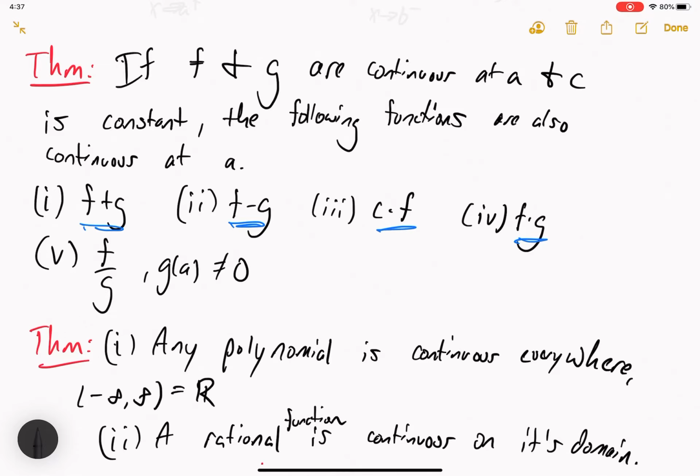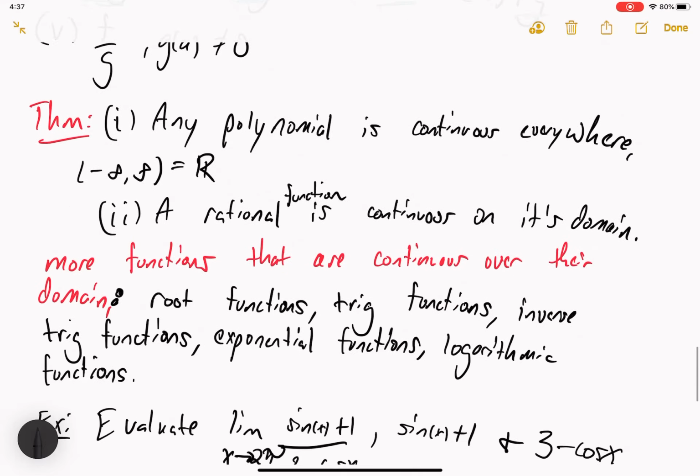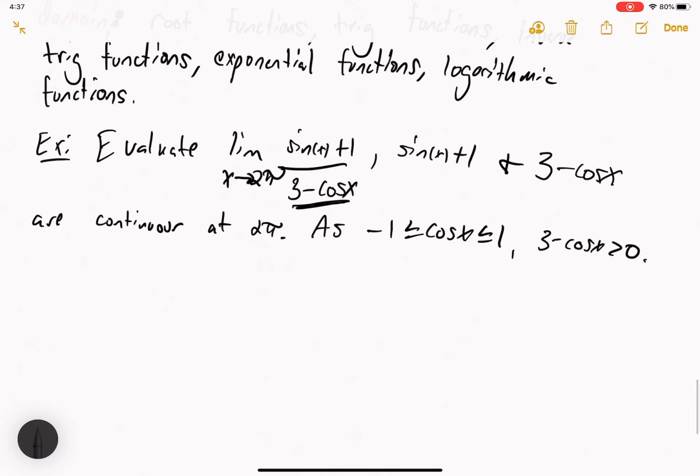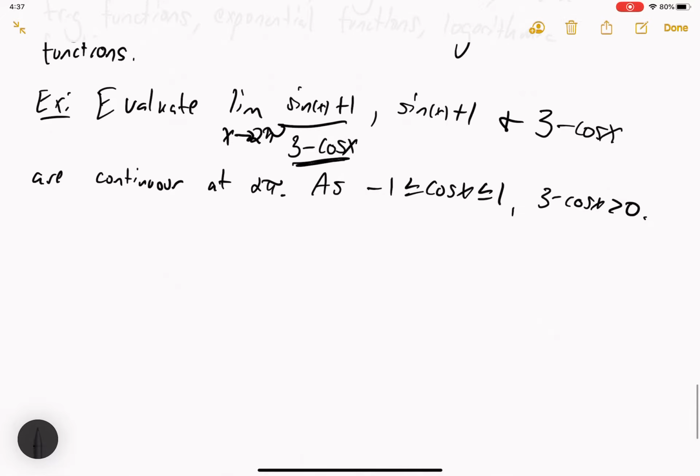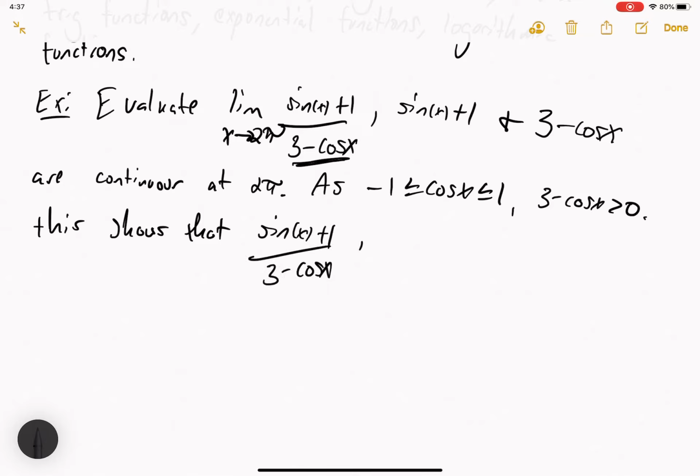We just showed that when we plug in 2 pi into 3 minus cosine of x, we definitely don't get 0. So this shows that sine of x plus 1 divided by 3 minus cosine of x is continuous.